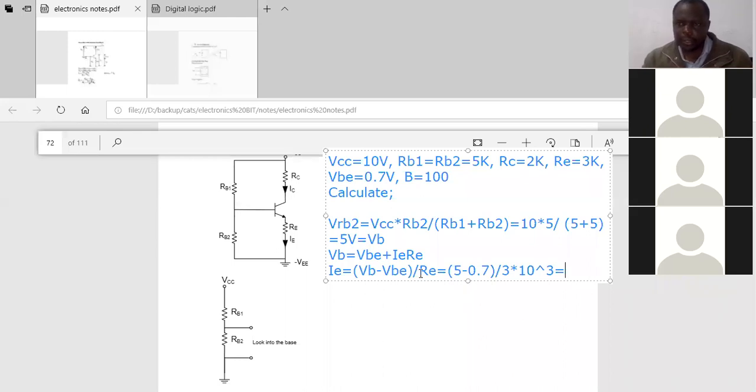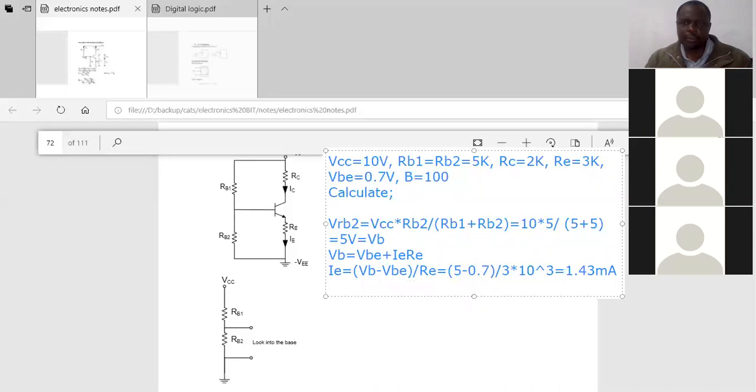Which values are you getting for this? Those who have calculators, please, you should be helping us faster. 1.43 milliamperes. I think that's what you are getting, and that's correct.